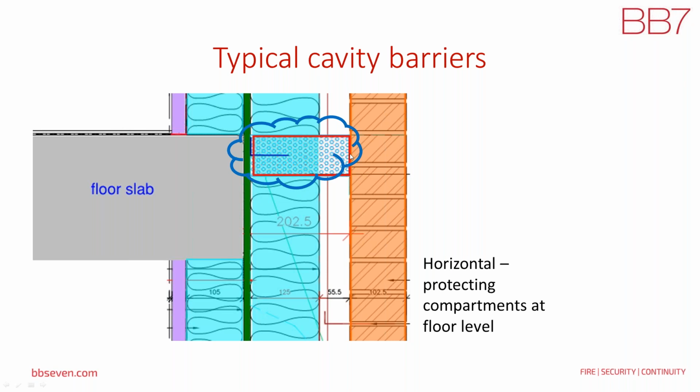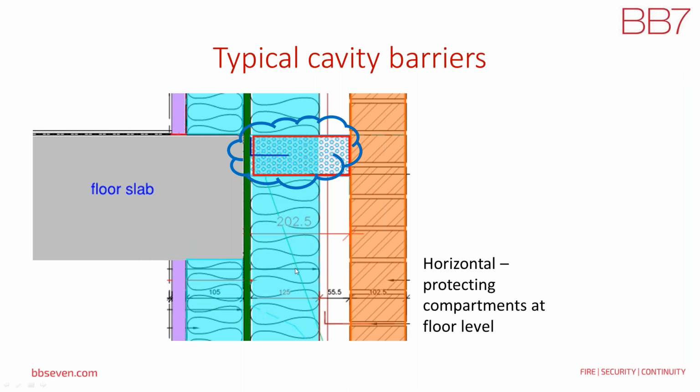So it's been compression fit plus mechanically fixed, and it does comply with Approved Document B. You'll notice that the cavity barrier is fixed all the way back to the rear substrate, going all the way through the insulation, even though that insulation may be non-combustible.